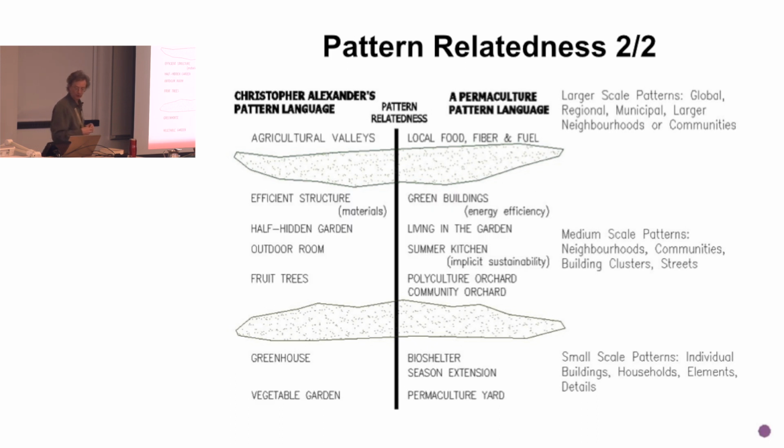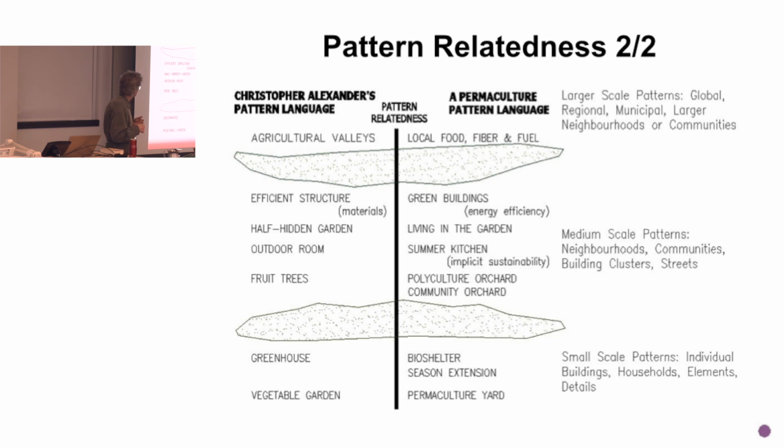And a couple more, because we wanted to look at this. Efficient structure. When he talks about efficient, he's talking about how to make the largest building with the least amount of material. And so that's kind of material efficiency. But of course today, efficiency means energy efficiency.